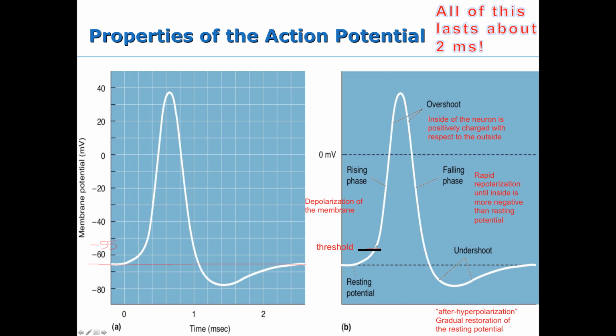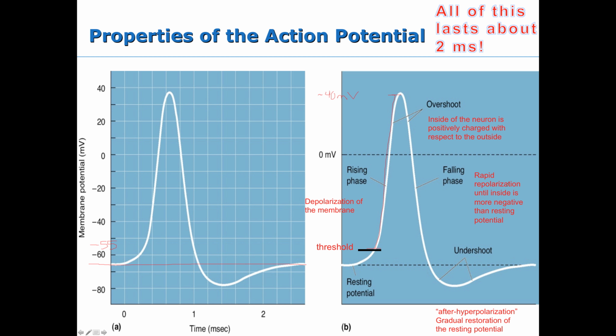The segment of the action potential which goes from negative all the way up to the top in the positive range is known as the rising phase or depolarization of the membrane. The inside of the neuron is positively charged with respect to the outside in the period known as the overshoot. Here we're at roughly positive 40 millivolts. Now the falling phase is due to potassium exiting the cell.